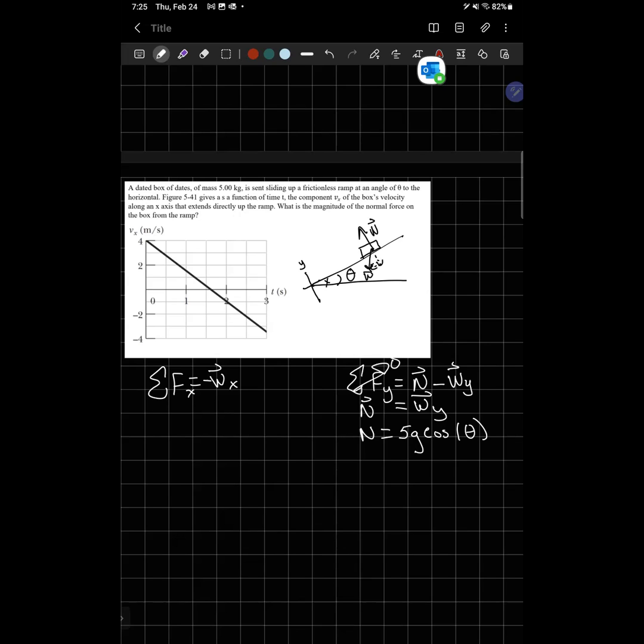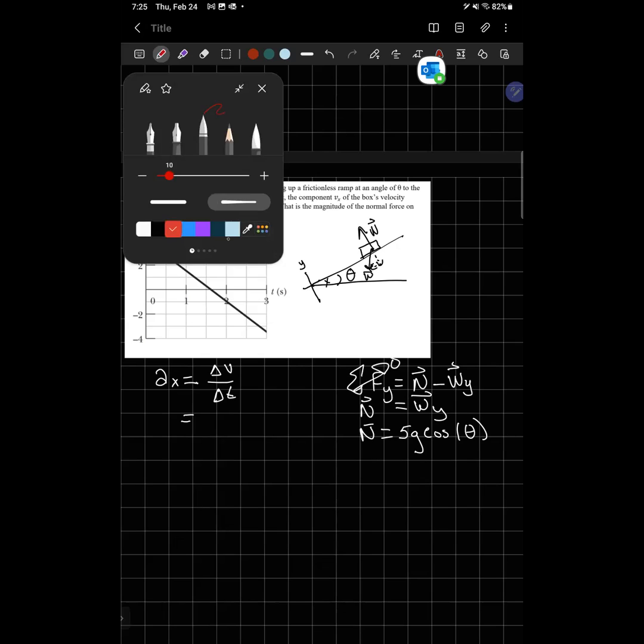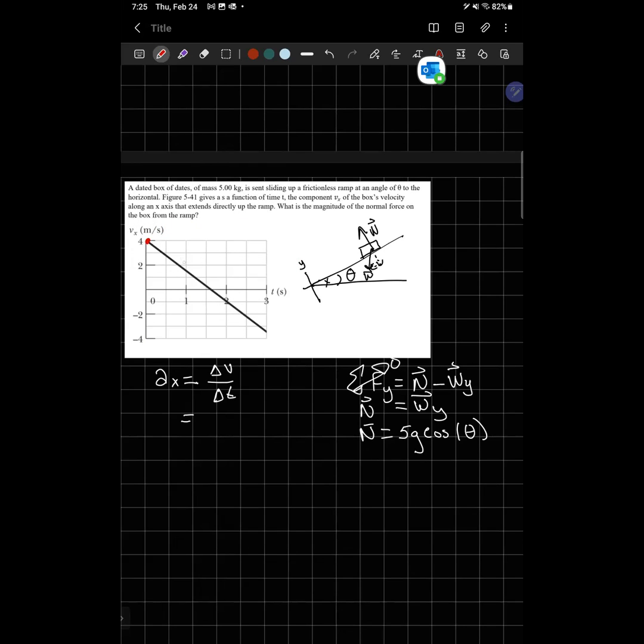I know g, and there's really not a good point.